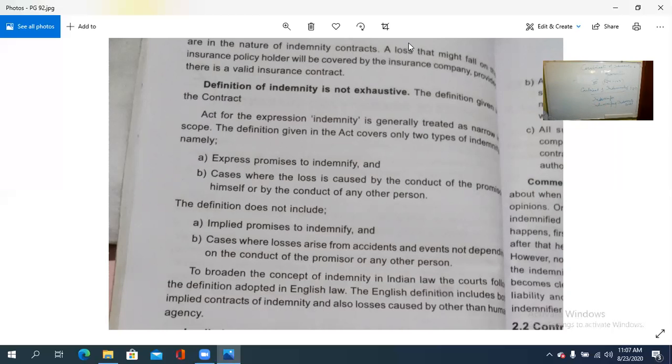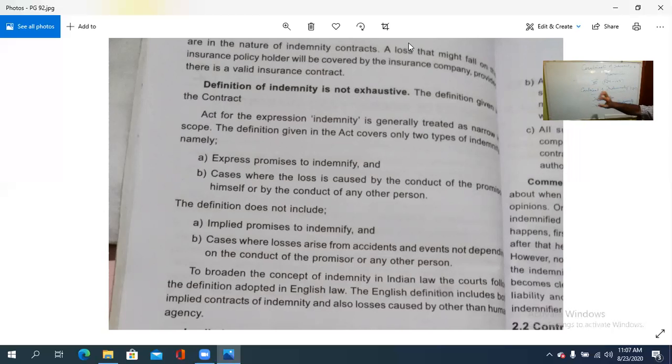Simple. So the definition does not include implied promises to indemnify, and cases where loss arises from accidents and events not dependent on the conduct of the promisor or any other person. Nothing is said about accidents. That is the flaw, the demerit, of this definition. So the definition does not include implied promises to indemnify.